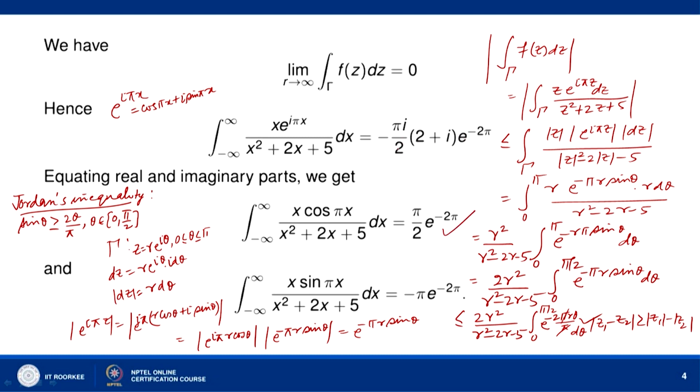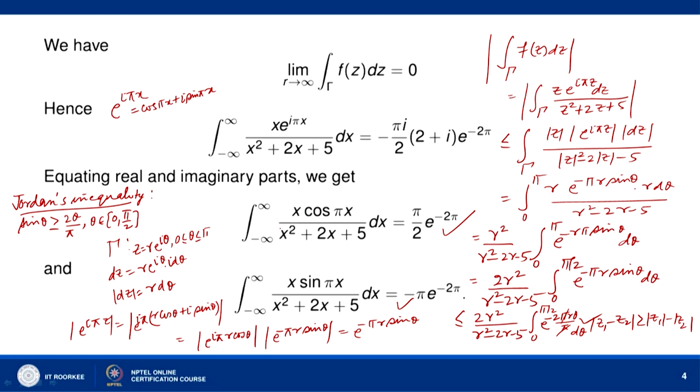And if you compare the imaginary parts, then the left side imaginary part will be the integral over minus infinity to infinity of x sin pi x over x square plus 2x plus 5 dx, and here what we will get? Minus pi by 2 into 2, that is minus pi e to the power minus 2 pi. So this is how we evaluate the value of the integral over minus infinity to infinity of x cos pi x over x square plus 2x plus 5 dx.